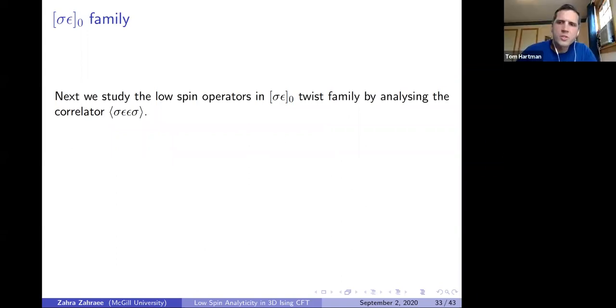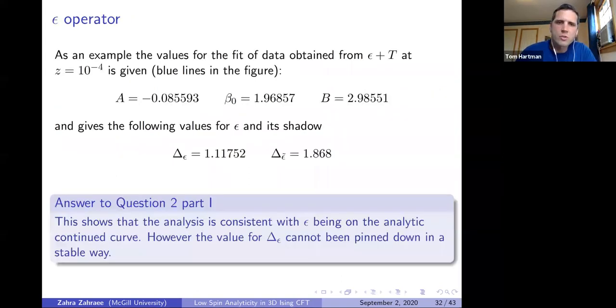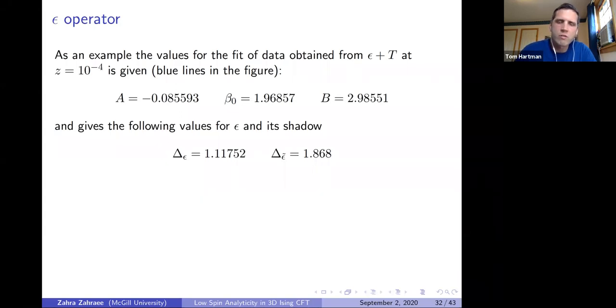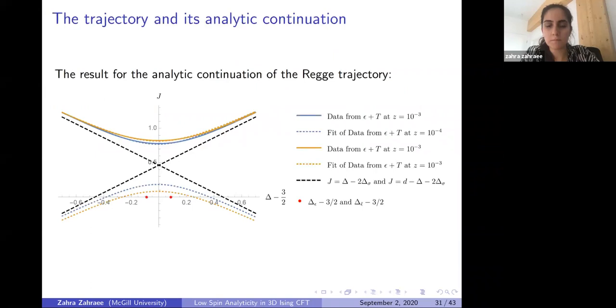Sorry, why was it not possible to use the same method as you used for the stress tensor to do this continuation? Is it because it no longer converges? Mm-hmm. The main obstruction was the fact that we needed to do the integral numerically, because the s-channel block here was different from the collinear channel block.